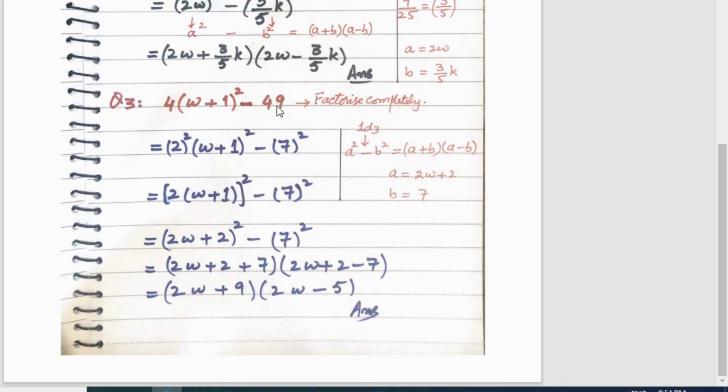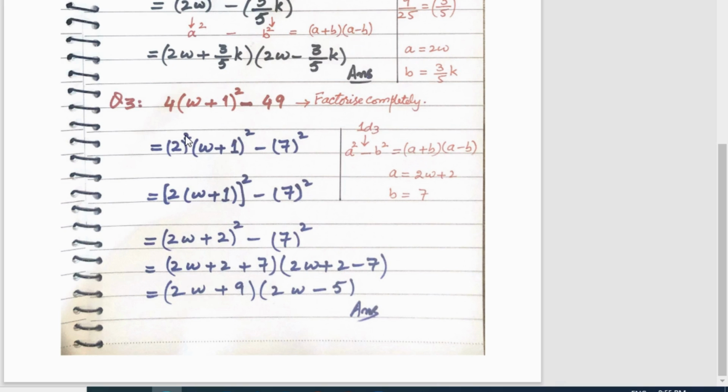Like 49 is a perfect square of 7. We will not say that it's a perfect square of 7 square, no, that would be 7 raised to power 4. 49 is a perfect square of 7, because 7 square gives us 49 back. 7 into 7, 49.